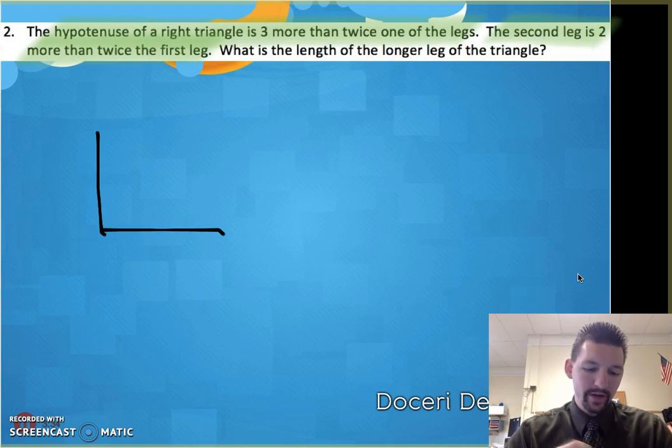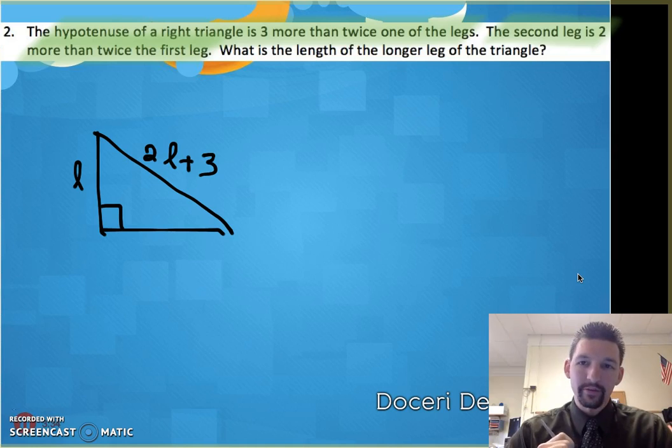So we have our right triangle, and it says that the hypotenuse is 3 more than twice one of the legs. I'm going to use L. So we'll pick L over here. The second leg is 2 more than twice the first leg. So we have all 3 sides. We can plug this into the Pythagorean theorem.